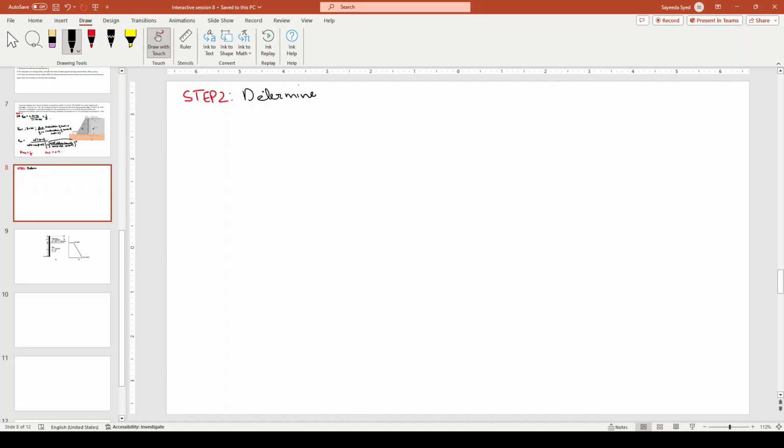Okay, so for Rankine, PA Rankine will just be a triangular distribution. This will be Ka sigma naught times H, so half of Ka gamma H naught square.